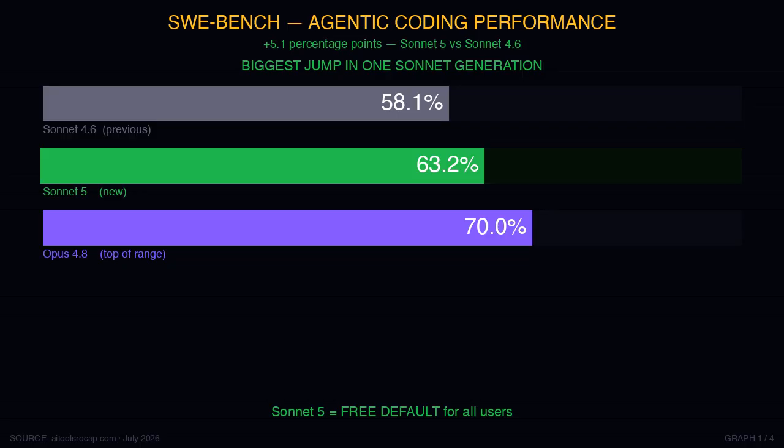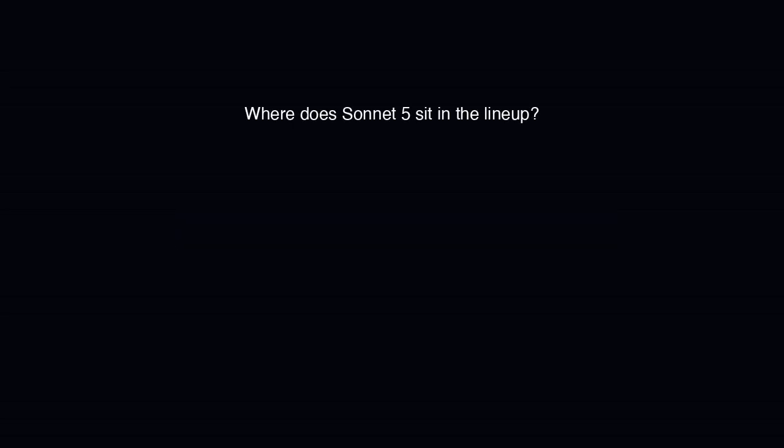The performance question that matters most is, where does Sonnet 5 sit relative to the rest of the lineup? The answer is between Sonnet 4.6 and Opus 4.8, but significantly closer to Opus 4.8 than Sonnet 4.6 was. This matters because Opus 4.8 has been the ceiling of Claude's capability. The model you needed if you were doing complex multi-step reasoning, difficult coding tasks, or production-grade agentic work.